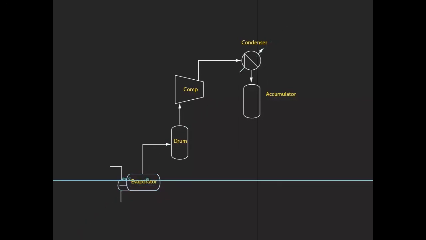So the level of liquid in this evaporator will drop as we put heat into the refrigerant liquid. So the evaporator will have a level controller on it. So we'll just draw a little bubble here and call it a level controller.